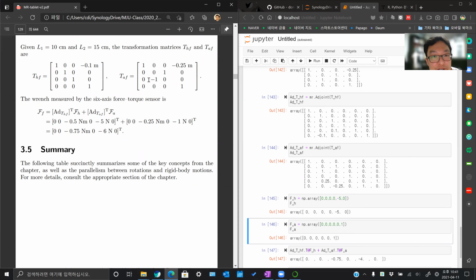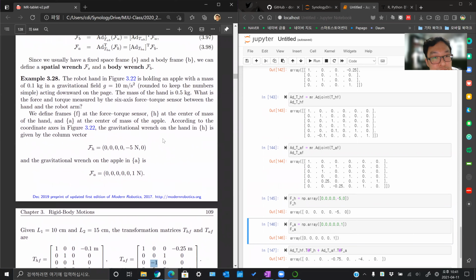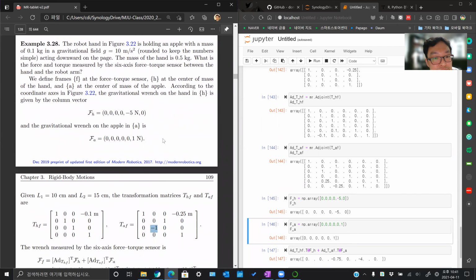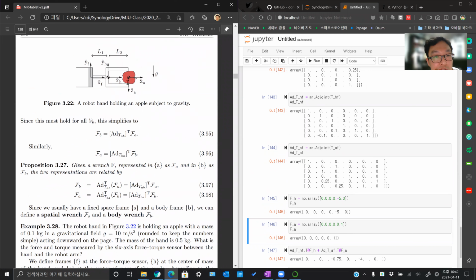But I don't know why this one should be -1. Because the y direction is here and the z direction is here.